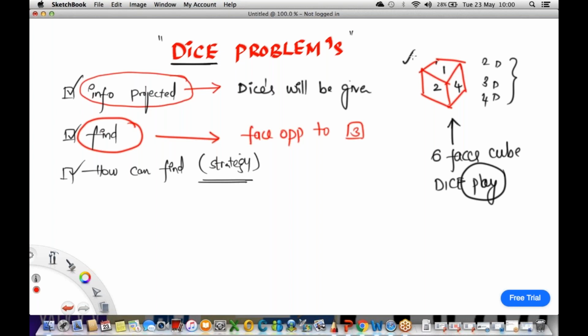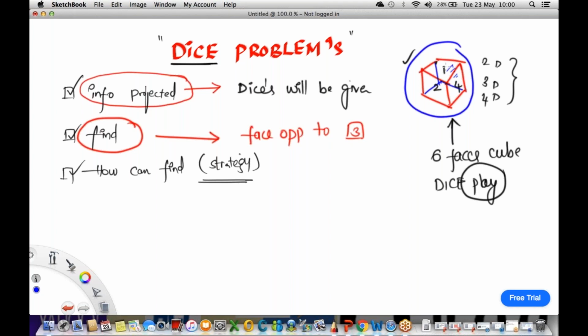Suppose this is a dice you find. In this dice you know the faces are 1, 2 and 4. He is expecting you to find the face opposite to 3, or the face opposite to 2, which is the face on the back end of this. So like that he will ask for any face which is opposite.